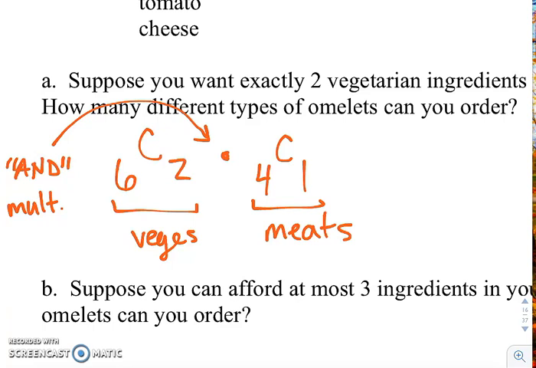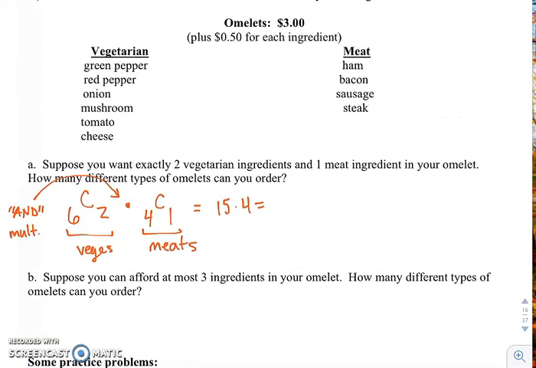So 6 choose 2 times 4 choose 1. You end up with 15 times 4, which means there's 60 omelets you guys could order. If you're only getting that many toppings.